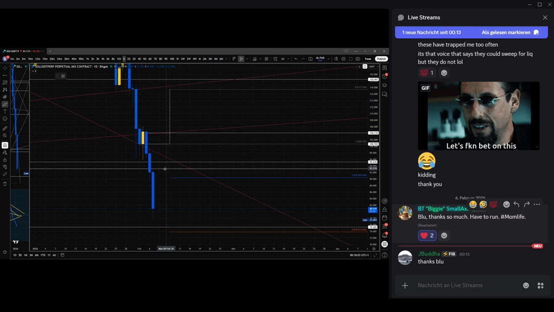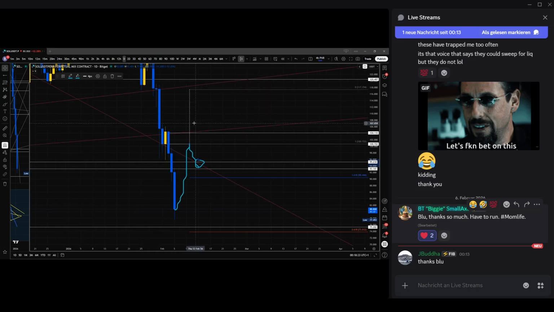Your entry hits here, so price did already go up. Let's say here. And now your exit is back beyond the trend, beyond the break levels that are here.